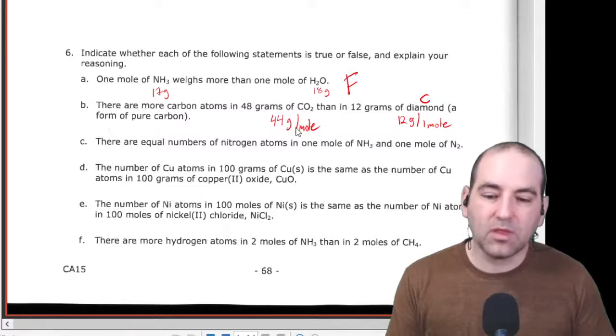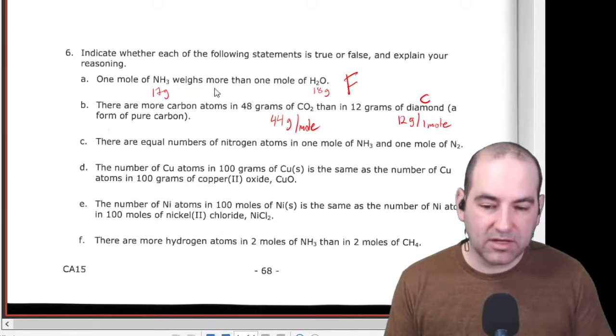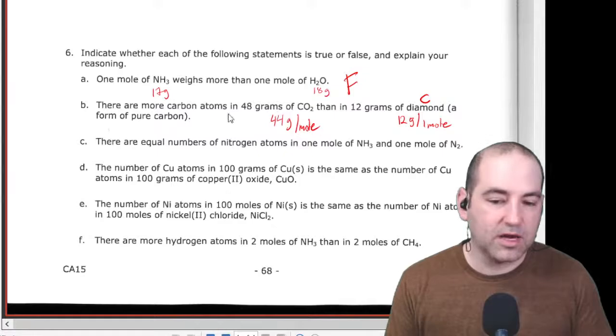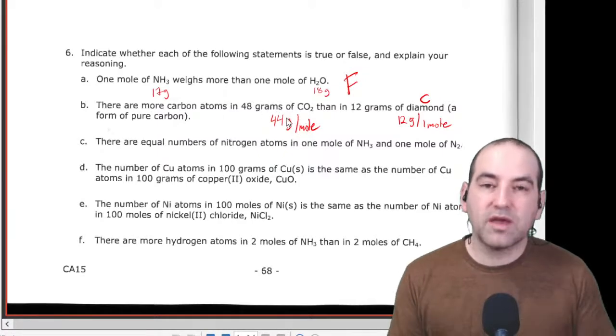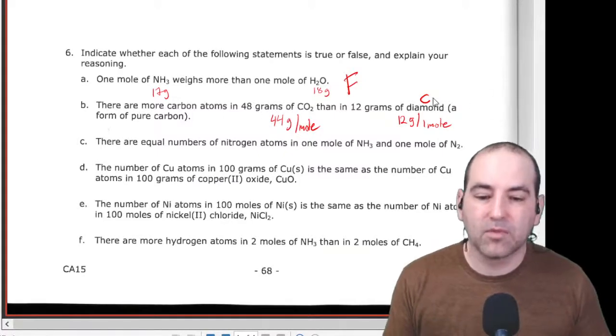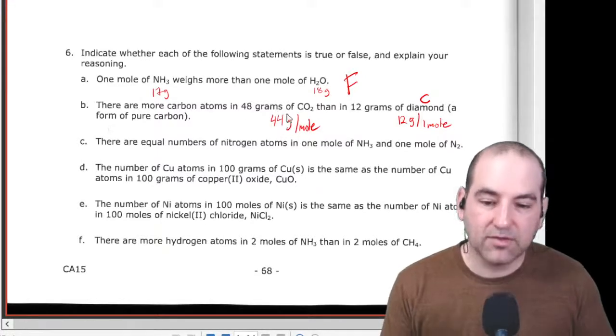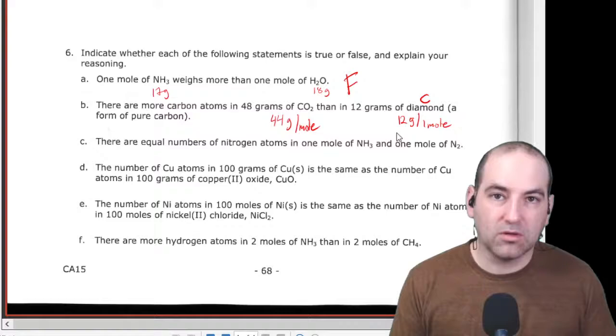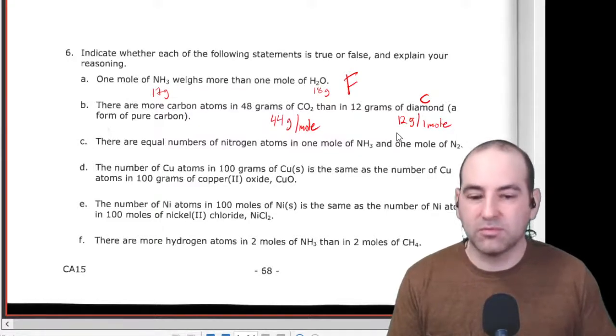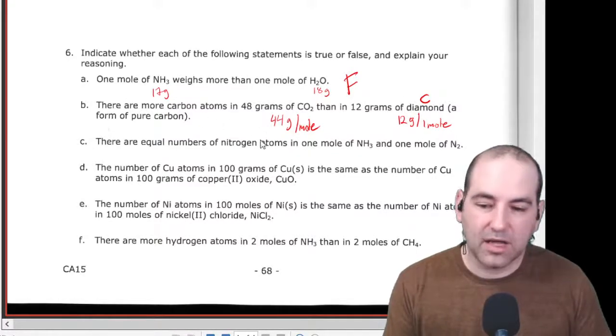That means this is true. There are going to be more carbon atoms in 48 grams of CO2 because that's a little bit more than a mole. If this said 43 grams, then it would be false, because now we have a little bit less than a mole versus a whole mole, so fewer carbon atoms.